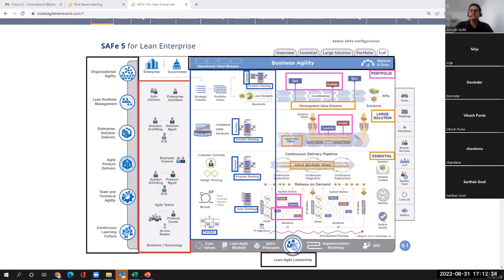People are organized around agile release trains, and trains are built up of agile teams. So 5 to 11 team members make an agile team, and multiple agile teams, 5 to 12 teams, make an agile release train in SAFe.